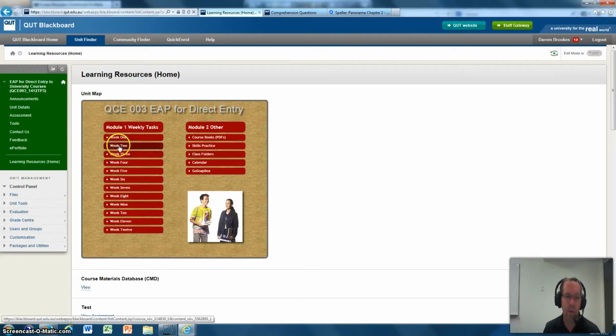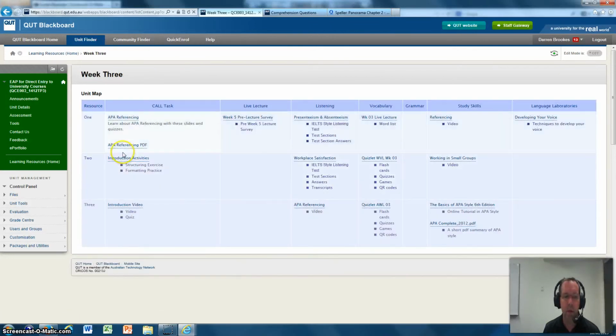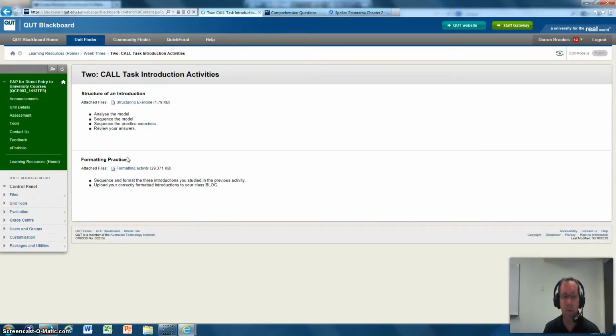That is a much more lockstep program with a specific call hour that has been developed from the course curriculum, as have the general English materials, but these are lessons that students must do in their weekly hour to complete the course. So we've developed a lot of lessons around vocabulary, listening, writing, how to write an introduction, for example.